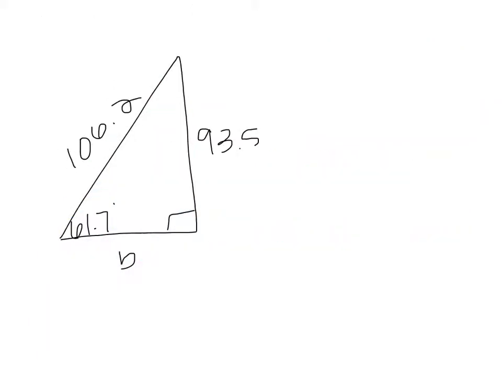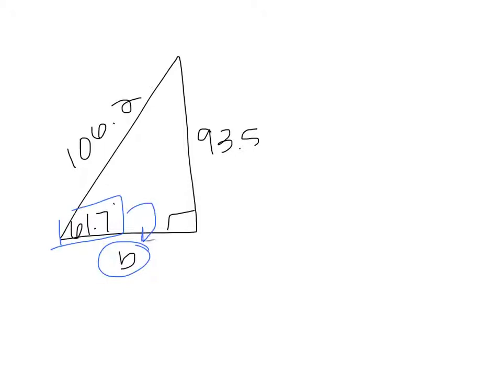So here's just our triangle again. I don't know what B is yet. I've solved for A, but B's down here. And the angle I know is this 61.7. I also know the other angle up top, and you could use that. It would just work a little differently, but you're going to get the same answer. So let's compare my sides to where my angle is.